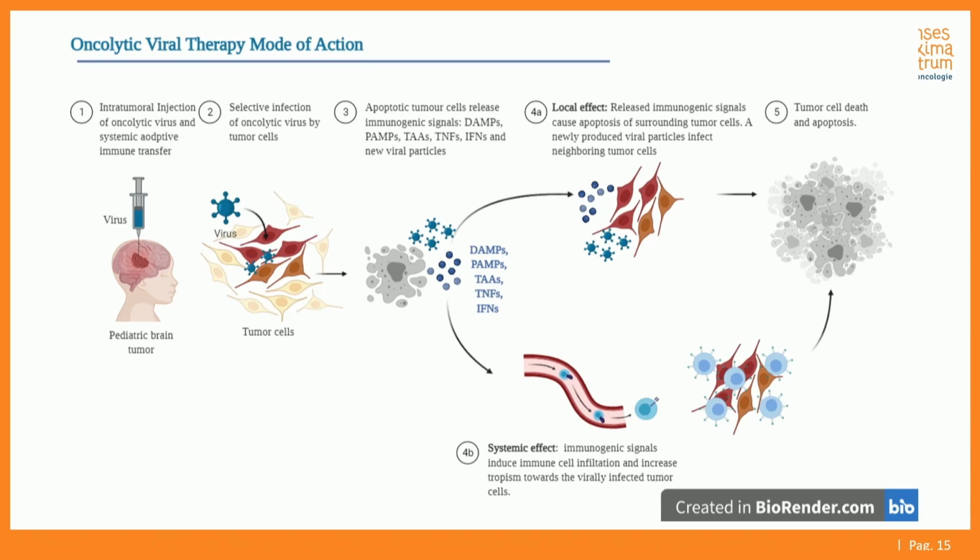They selectively replicate inside those cells. Then you get apoptosis, then you get damage-associated molecular patterns, tumor-associated antigens, and due to that you get a kind of inflammation as a secondary hit. Then you get an immune response aiming for those tumor cells.